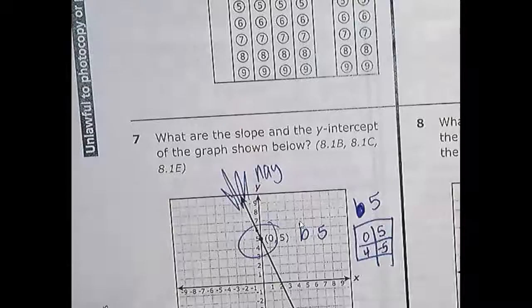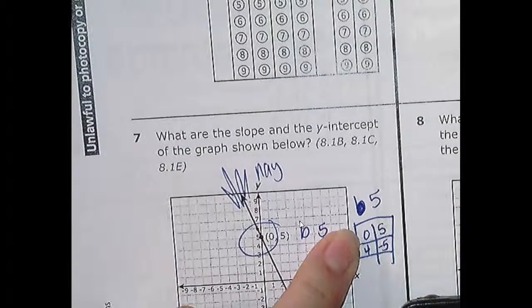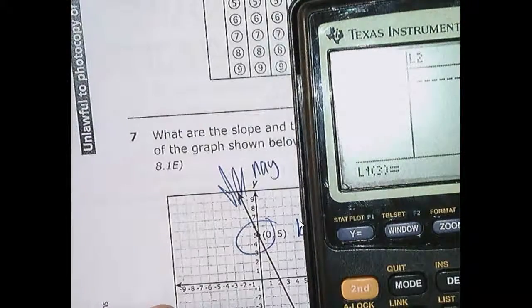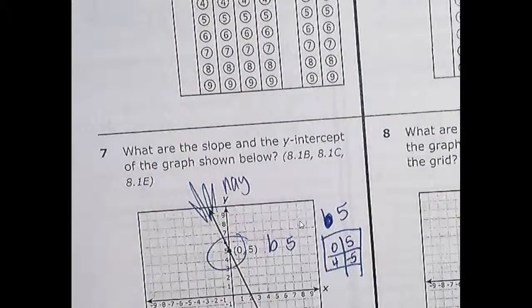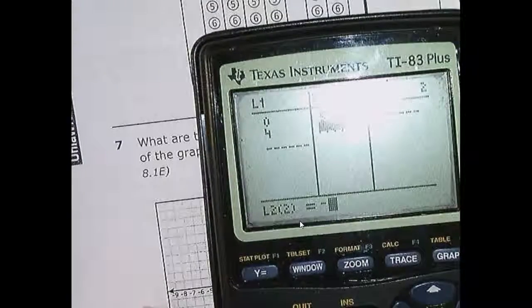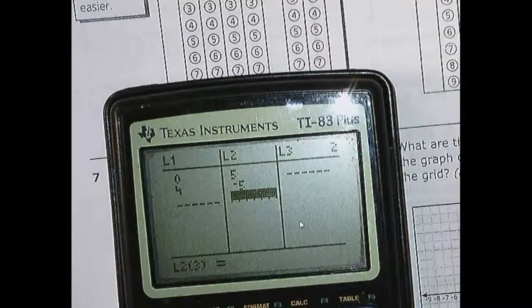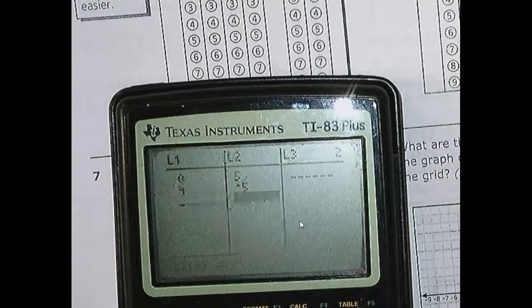I need 0 and 4, right? And so I'm going to get back over here. I need 0, 4, and then I need, I don't remember, 5 and negative 5? Yep. 5 and negative 5. And if you type in the little subtract sign for negative, it won't work. So go back to STAT, CALC, 4.